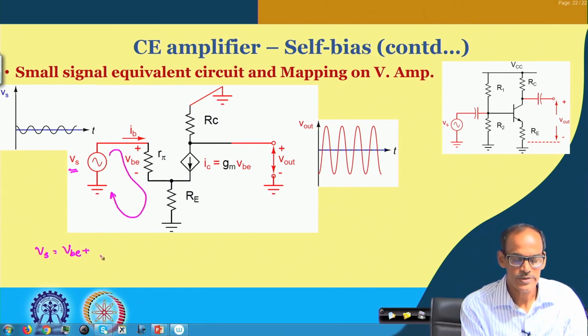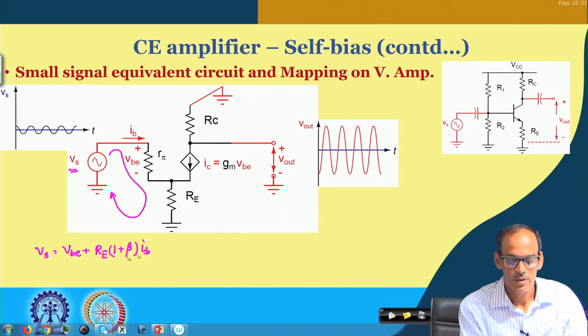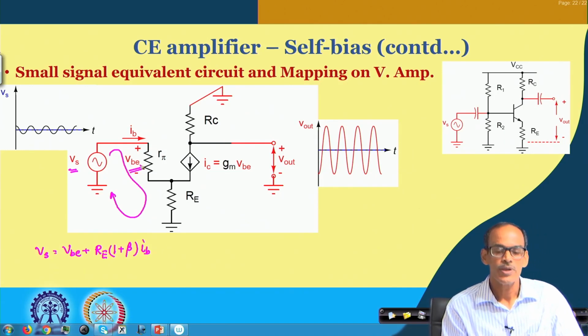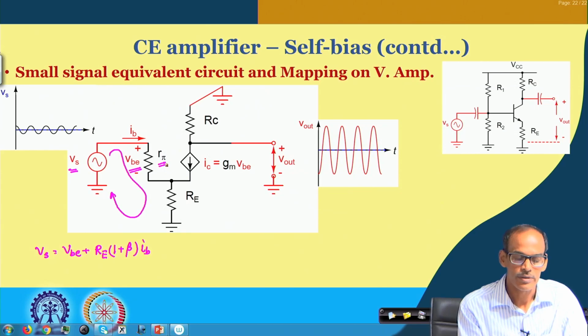The drop across this R_E is R_E times (1 plus beta) times I_B. On the other hand, this I_B can be expressed in terms of V_BE and r_pi, right.